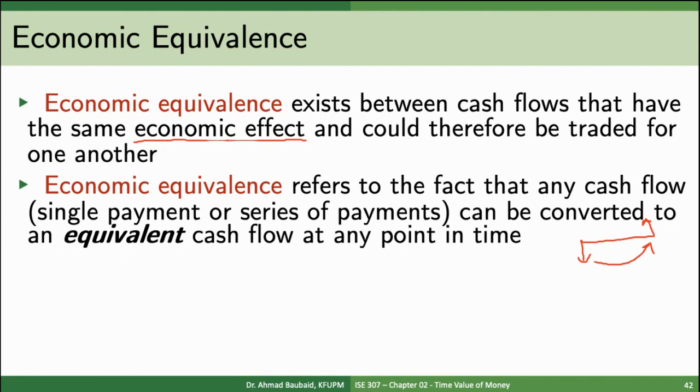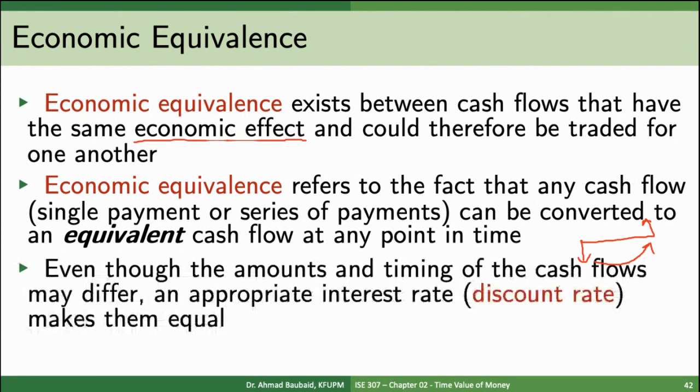We're going to see more about that in the next slide. So even though the amounts and timings of the cash flows may look very different, what makes them equivalent is the interest rate, I. Sometimes the interest rate is called the discount rate, so just be aware of that. If you hear the word discount rate, it's referring to the same thing as the interest rate.